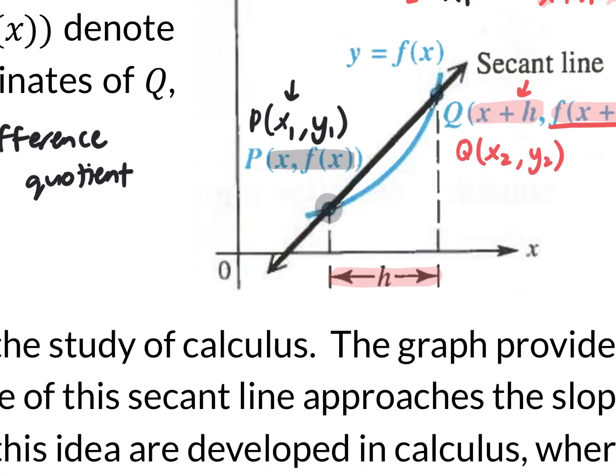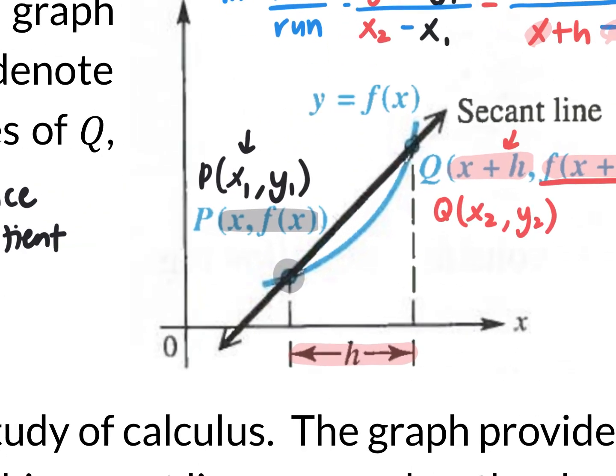So let me go look at this picture here. Basically what is happening is this h value, I want this to get to 0. Which means if I get closer and closer on my curve, and I would draw my secant lines between all of these, my slope is getting closer and closer to what we call the tangent at the point.